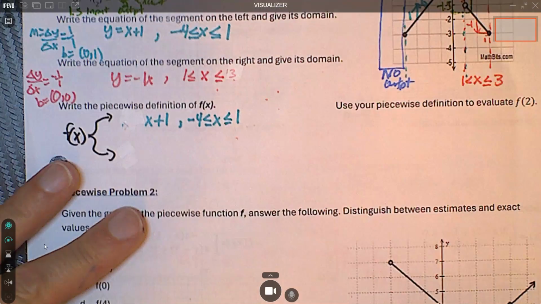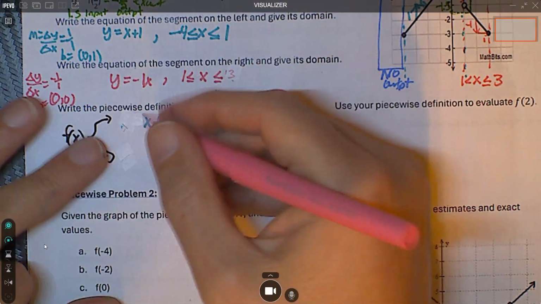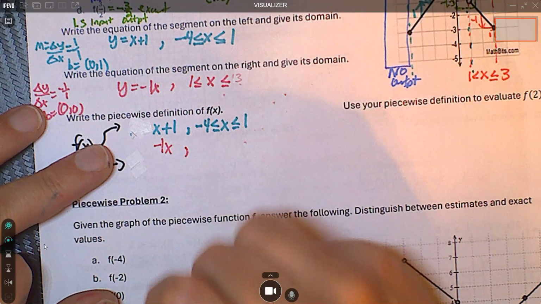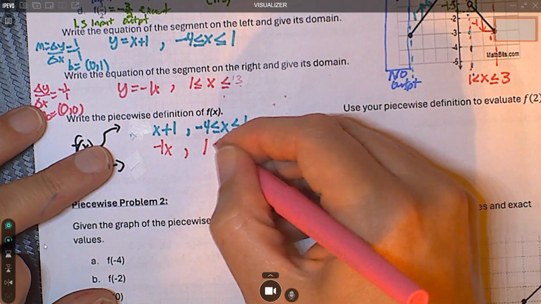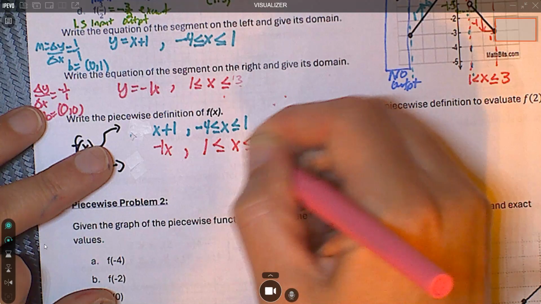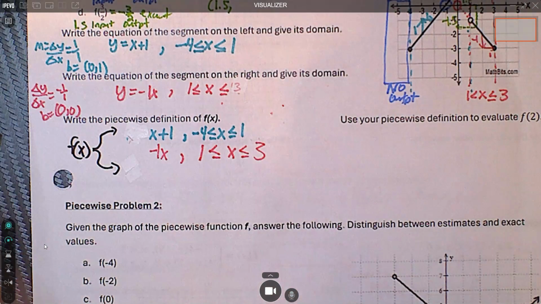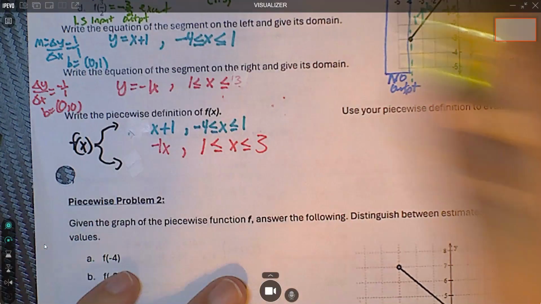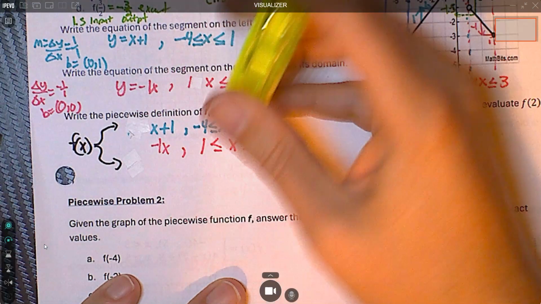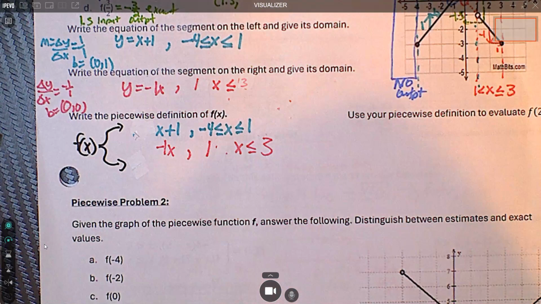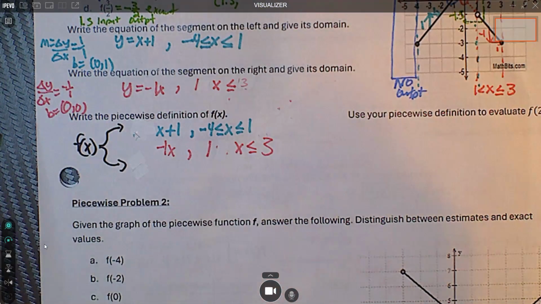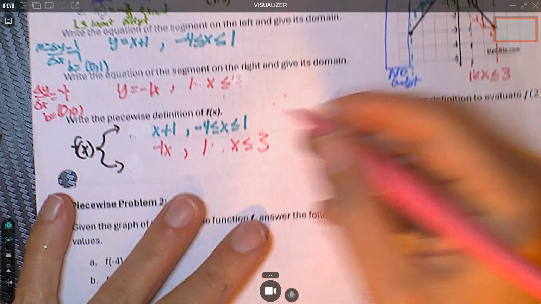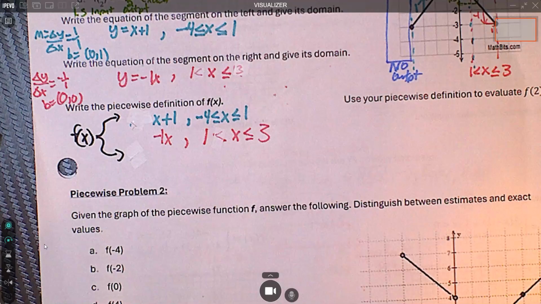Sorry. And it's negative 1x when it goes from 1 to 3. This is a definition of a piecewise function, or it's less than, sorry. Yeah, because it can't be that one.